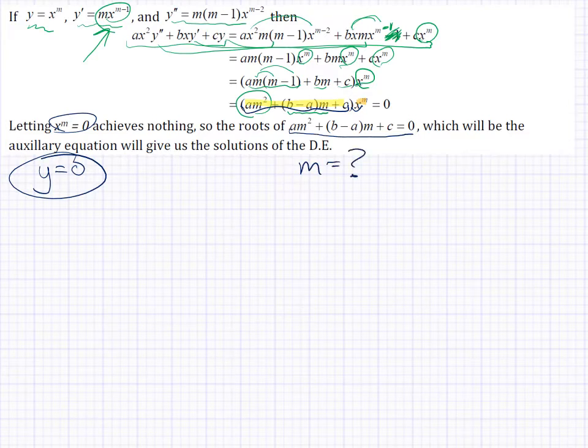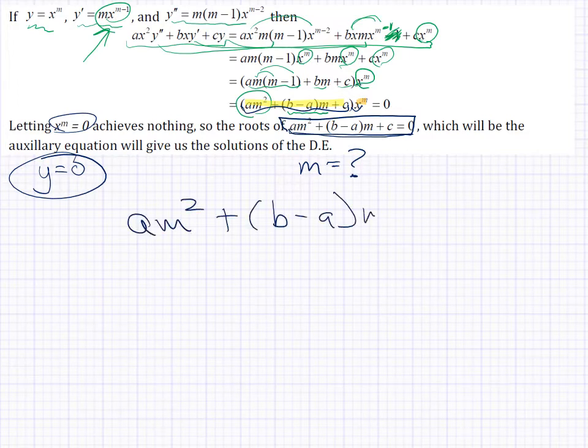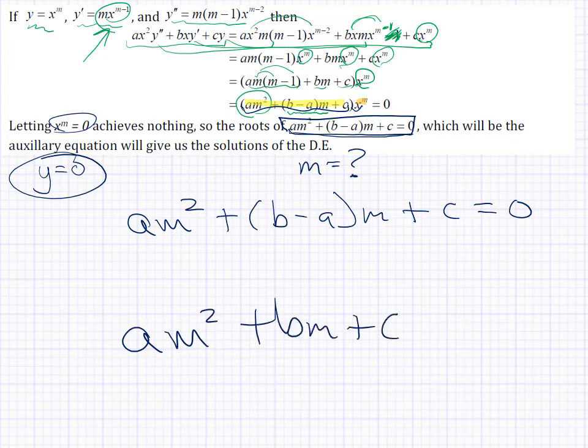This is no different than what we've seen before, only that this is now our auxiliary equation for Cauchy-Eulers. Notice this auxiliary equation is different from the auxiliary equation we had with constant coefficients, which was just am squared plus bm plus c equals 0. Where a, b, and c came from the original differential equation, and the same thing here.